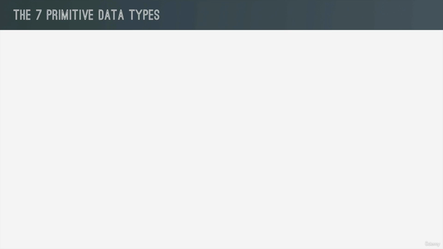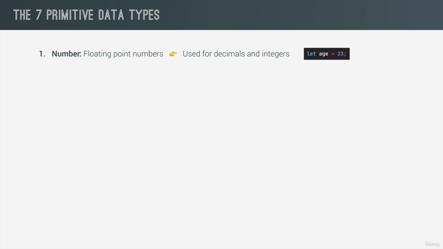So there are 7 primitive data types: number, string, boolean, undefined, null, symbol, and big int. So let's look at them one by one. First, we have the number data type. And numbers are always so-called floating point numbers, which means that they always have decimals, even if we don't see them or don't define them.